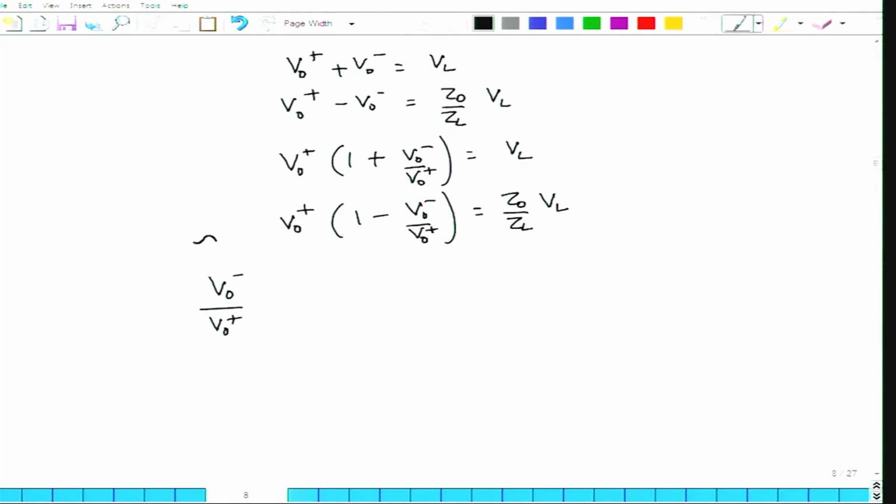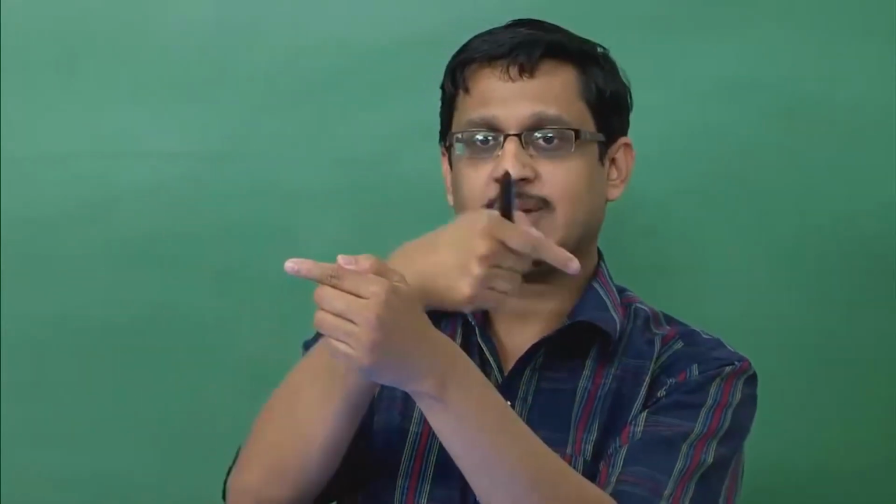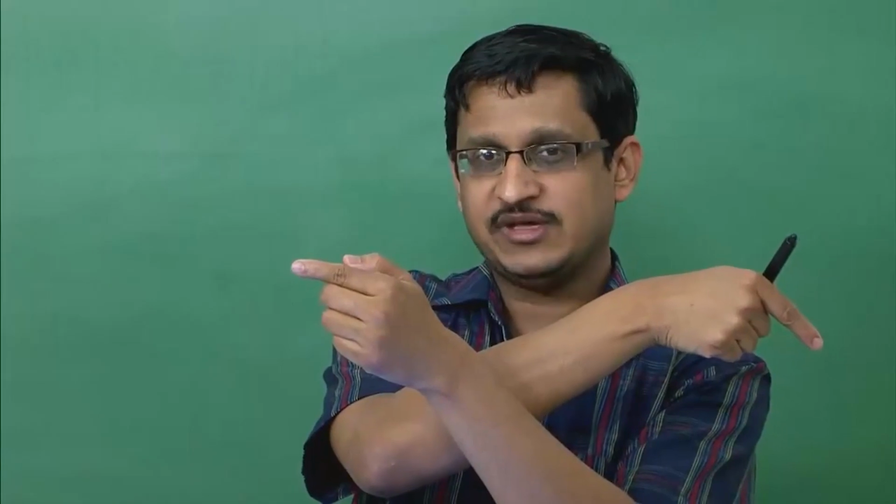Remember, V0 minus is the wave which is getting reflected, travelling along the minus z direction. V0 plus is the wave travelling along the plus z direction. The ratio of these voltages V0 minus and V0 plus represents the reflected and the incident voltages. Incident voltage is V0 plus; the reflected voltage originates from the load and travels along the transmission line in the direction opposite to the incident voltage.